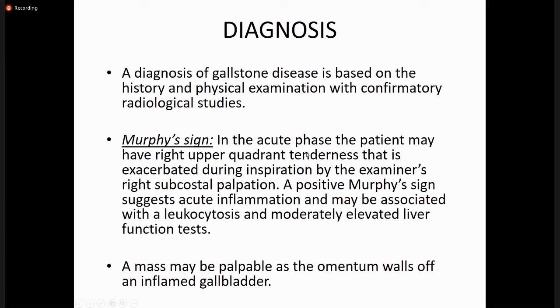In the acute phase, the patient may have right upper quadrant tenderness that is exacerbated by the patient taking a deep breath, and at the right subcostal margin, you will feel the gallbladder and the patient will wince, basically. Or a mass may be palpable as the omentum walls off the inflamed gallbladder.